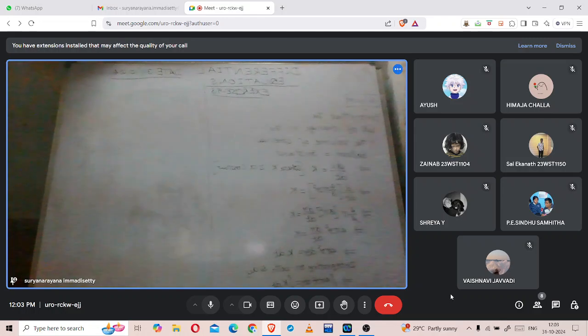Then solve this integration and find the value.